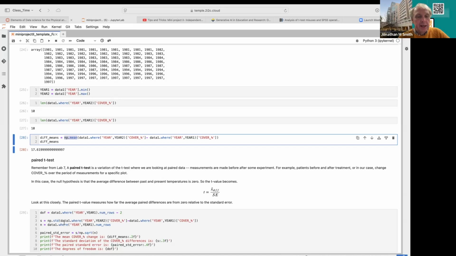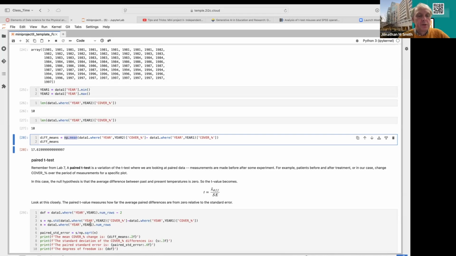Standard deviation, again, is the standard deviation of the difference. So again, to get these differences here, we have to have the same number of subplots or replicate plots in the first year as in the last.